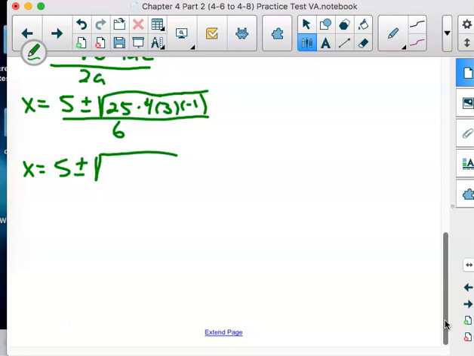So it's 25 plus 12, which is 37. And again, you can do that in a calculator if you want to. In fact, just to show everybody, 25 minus, and then use parentheses, 4 times 3 times negative 1. You get 37. So there it is.